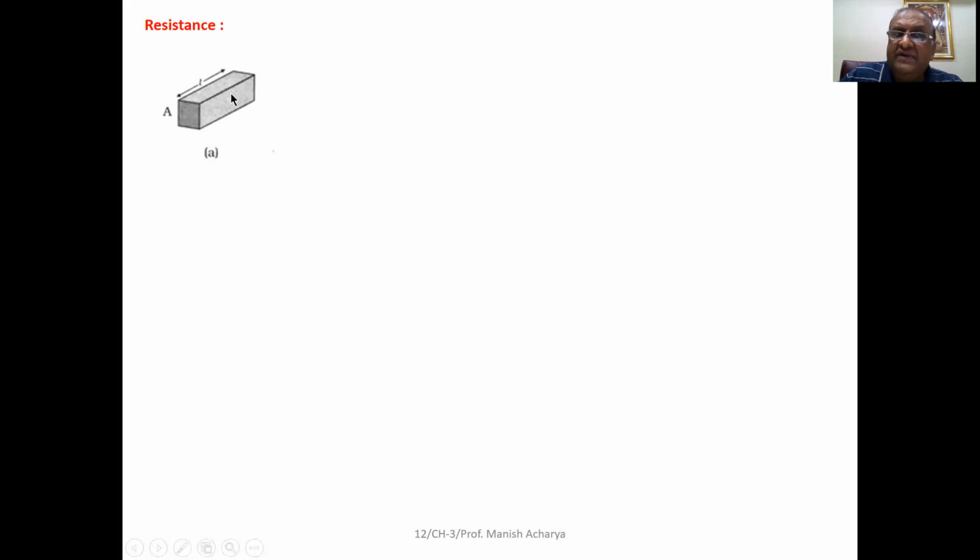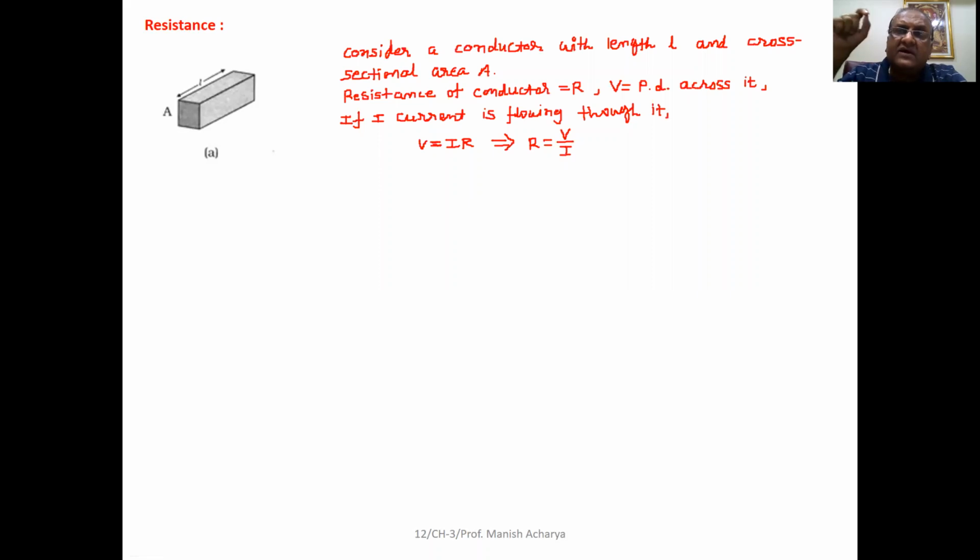Suppose, as shown in the figure, we take one conductor having length L and cross-sectional area A. Now suppose across the two ends of this conductor a potential difference of V volt is applied, and due to that the current flowing through this conductor is I ampere.